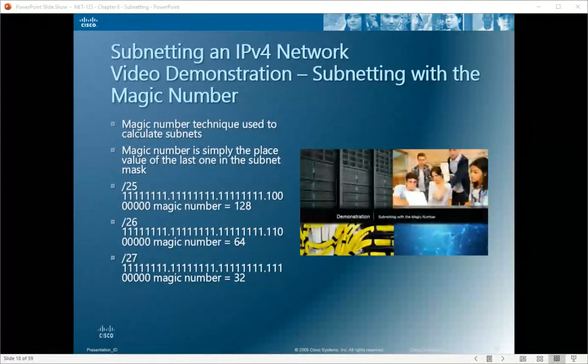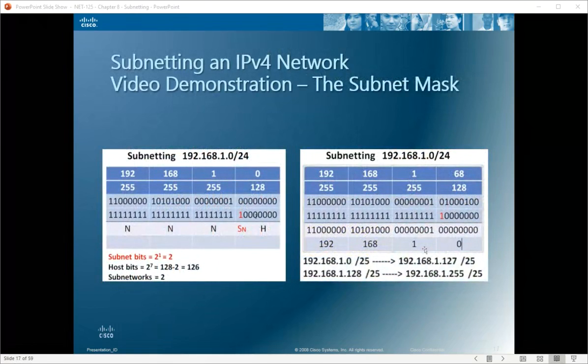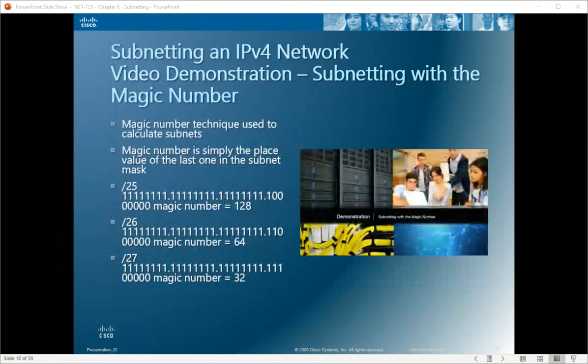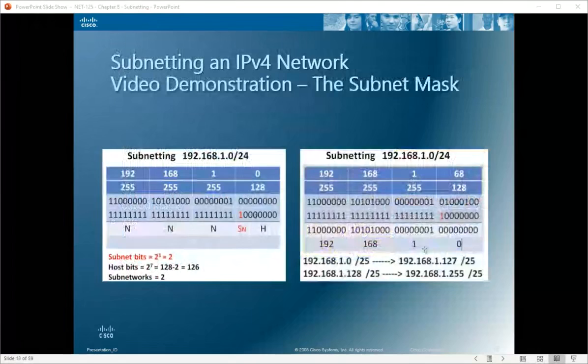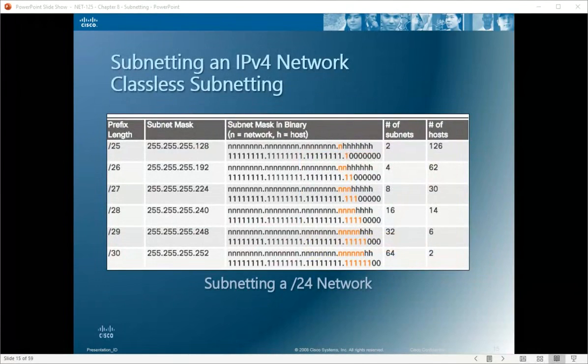Now, there is a technique that we use on occasion called the magic number. So to calculate the number of subnets that are supported, we go ahead and use the last value of the last one in the subnet mask. So here we'll go and take a quick look back a couple slides at this table. So here we see a /26, right?